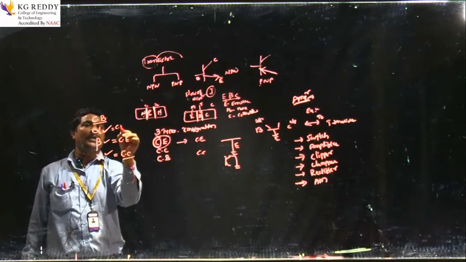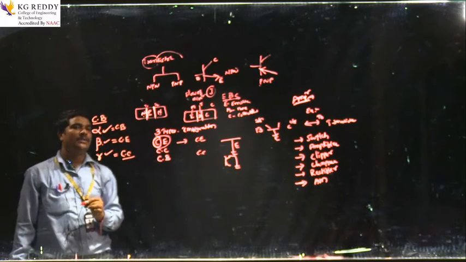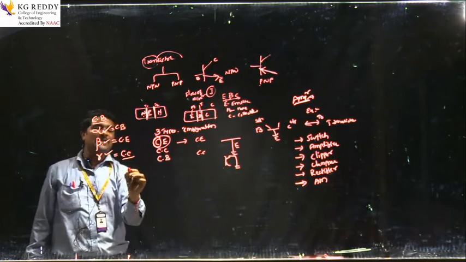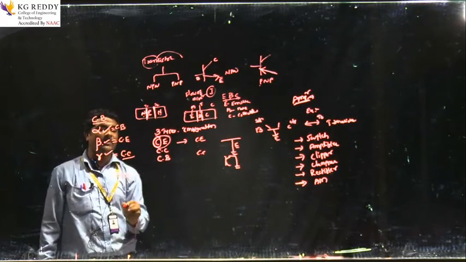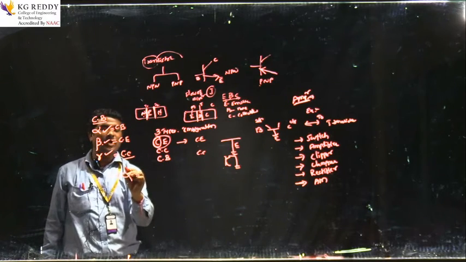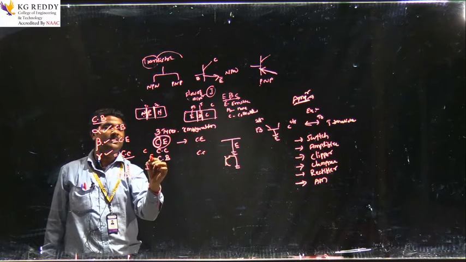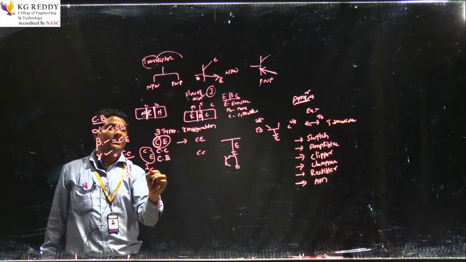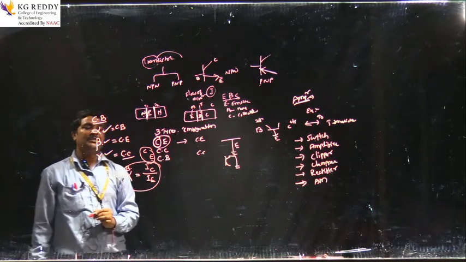Taking alpha, the common base current gain is the ratio of IC by IE, that is alpha equals IC by IE.